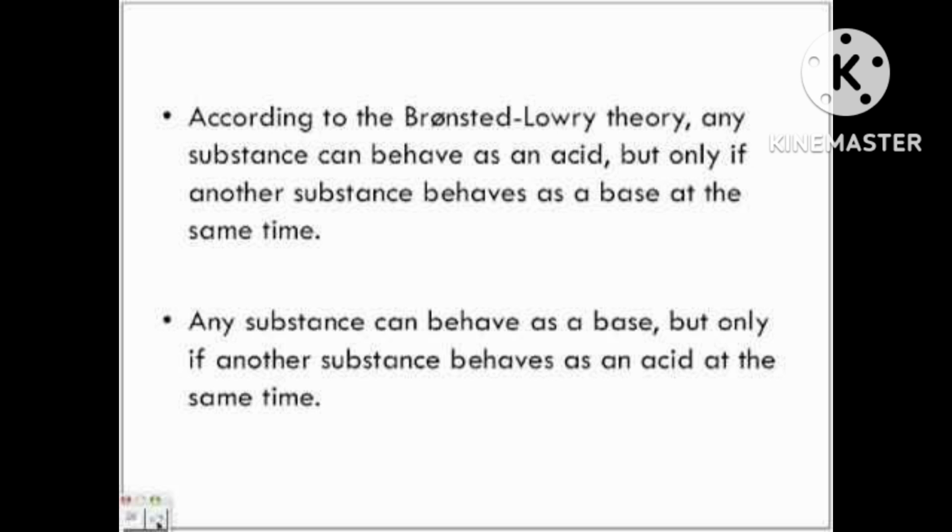Its conjugate base is a weak base. If acid is strong, then the base form will be weak base. And vice versa, for the acid the same thing. If acid is weak, then its conjugate base will be strong.